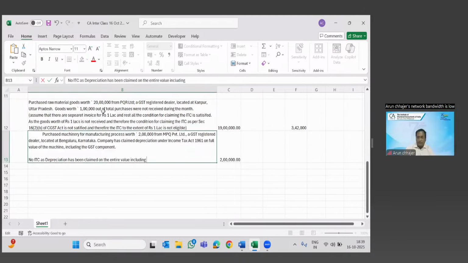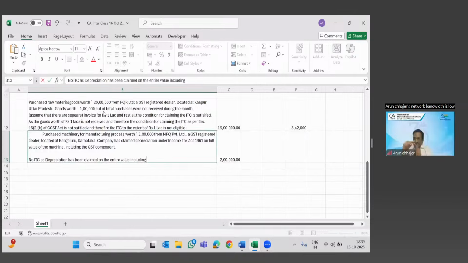Now they are saying goods have been purchased worth rupees 15 lakh and the dealer is located in Ajmer. Tax is charged as CGST and SGST. No depreciation is claimed under income tax on the GST component.